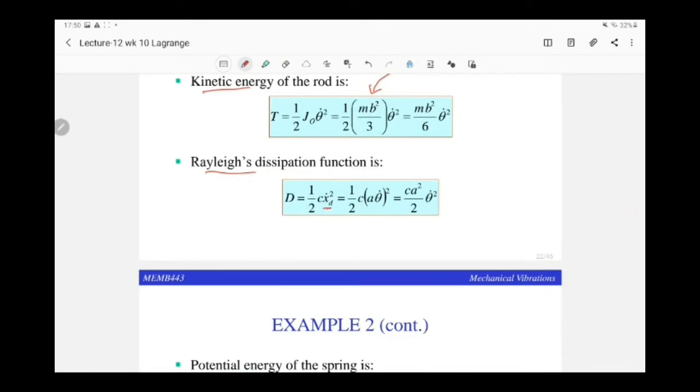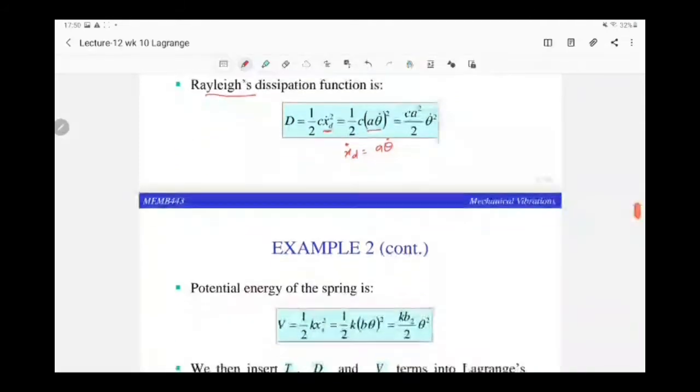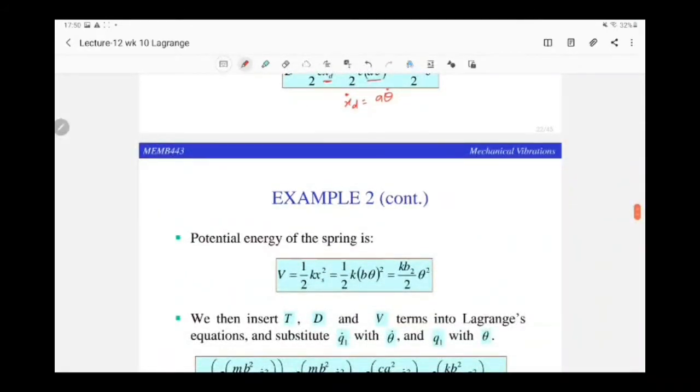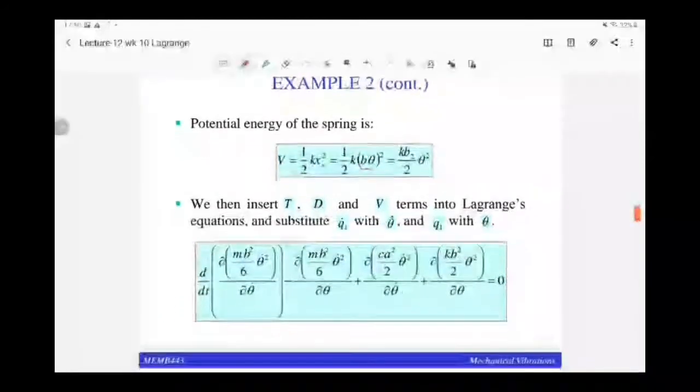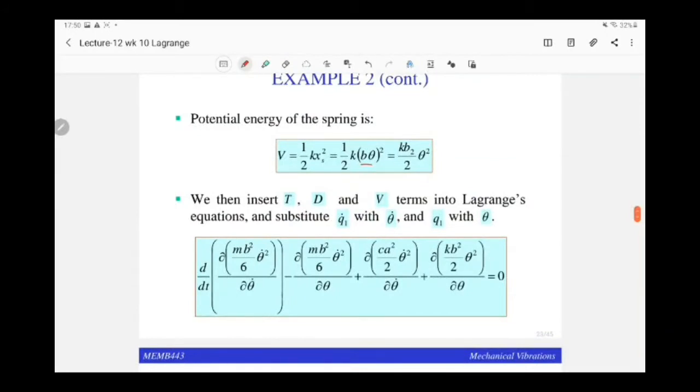This is the general equation. XD we already converted into theta, so XD is equal to A theta dot. That's how we get the expressions. And the potential energy has kx squared, which we write in terms of B theta. Then we insert into these formulas.